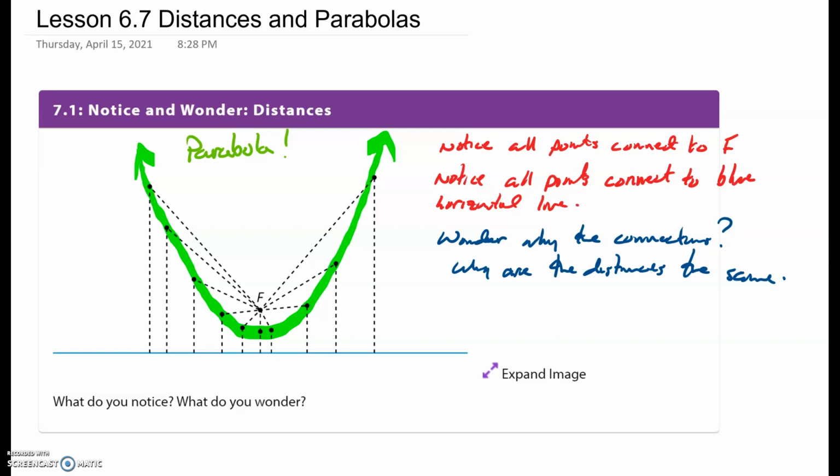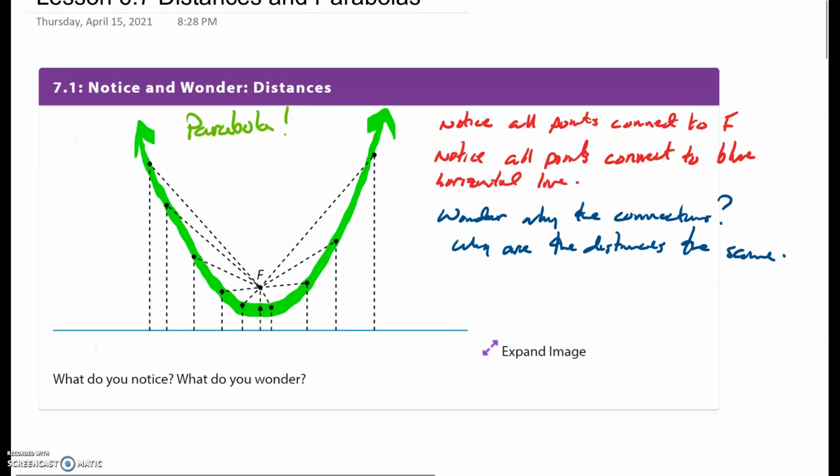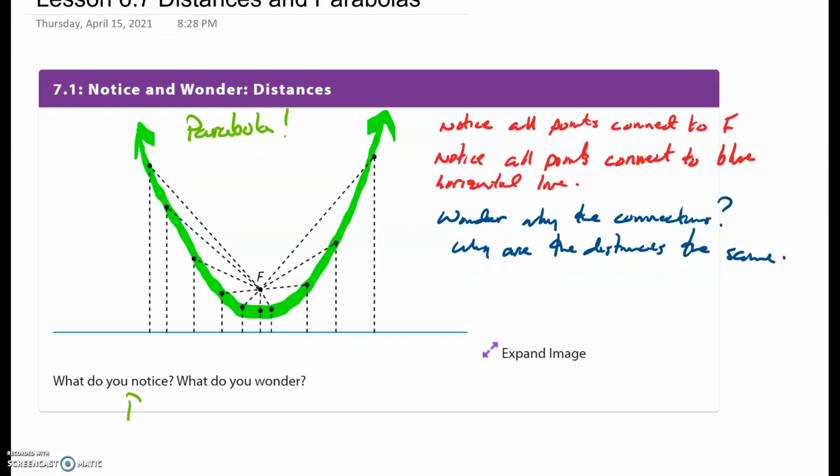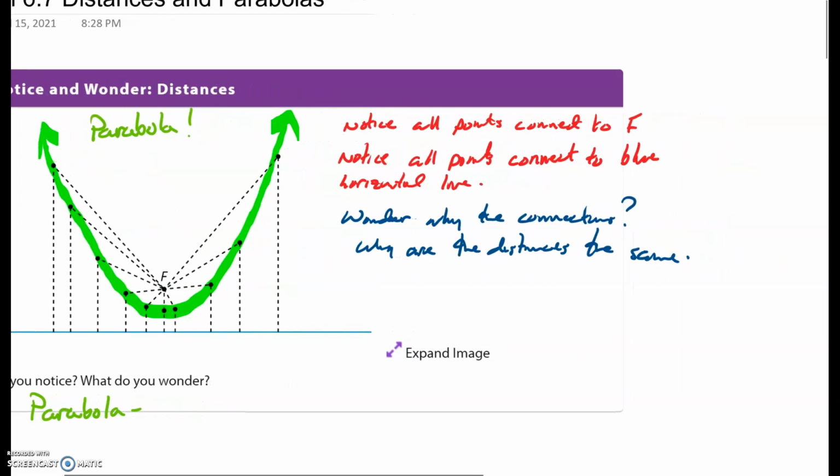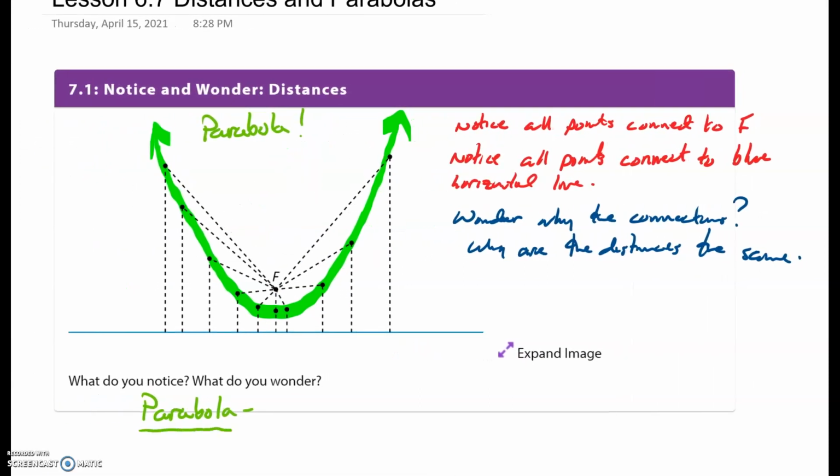In geometry, what I want to focus on is that we also have a parabola, but we can write the definition of a parabola geometrically, and we use distances.